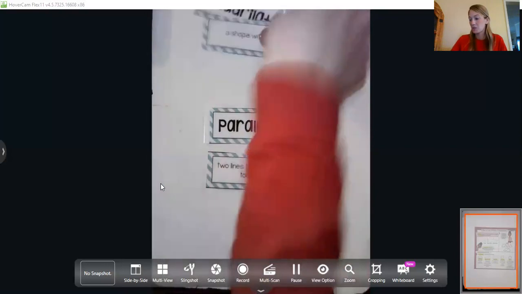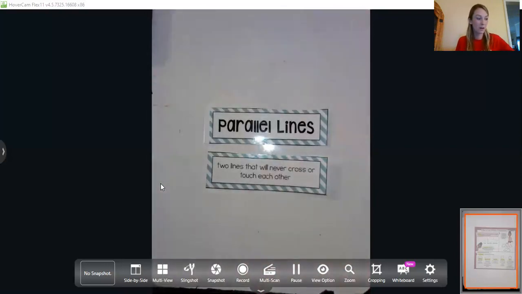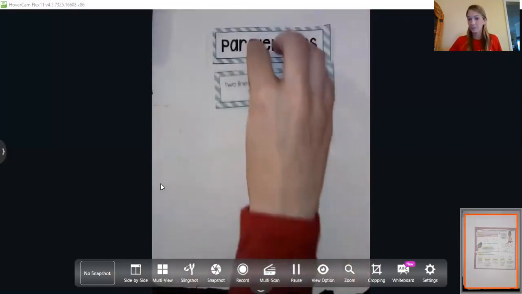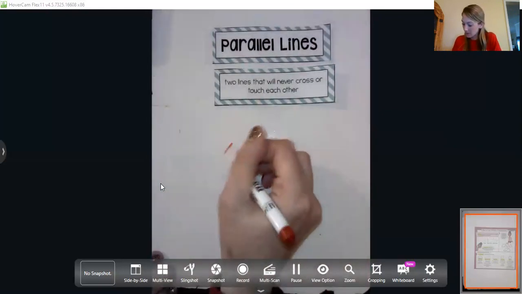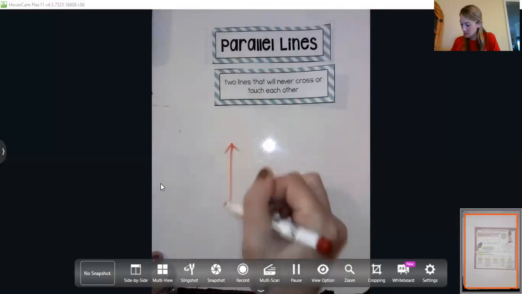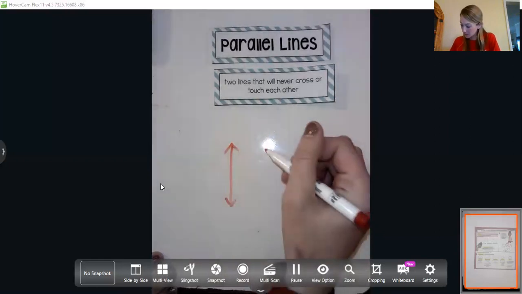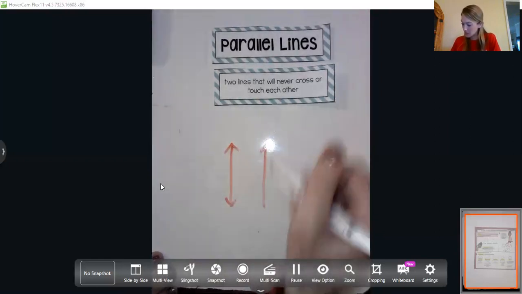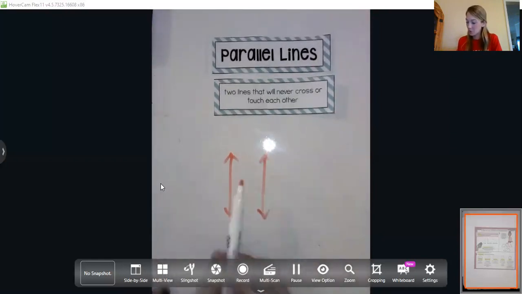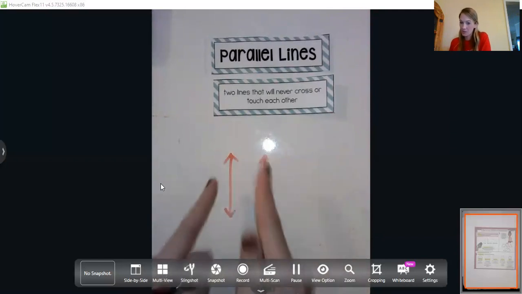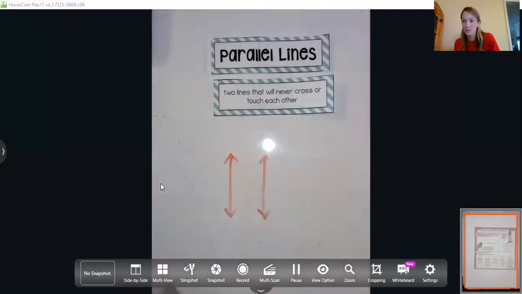So let me show you an example of parallel lines real quick. Okay, so if I have a line here and I have a line going the same direction, if these lines keep going forever and ever, they will never touch.